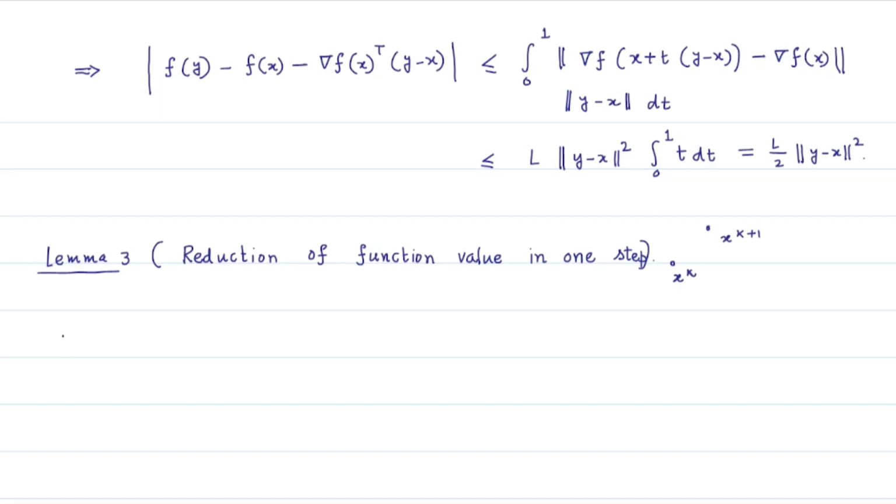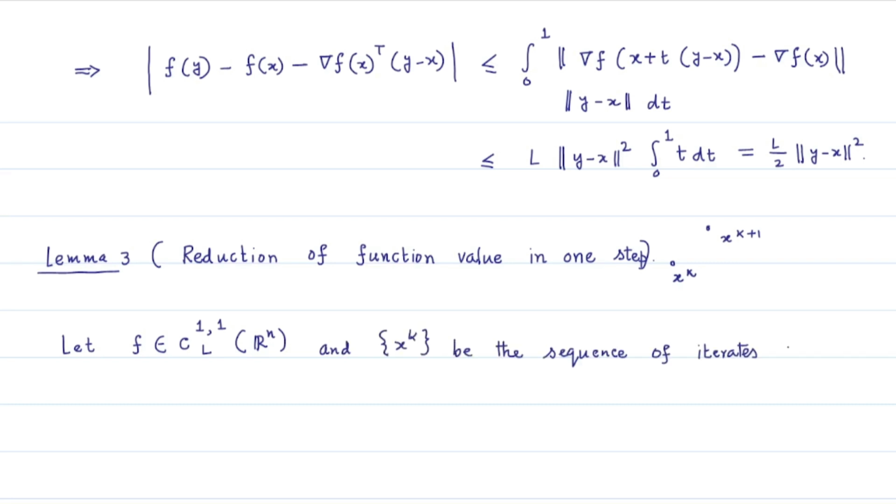The result states that, let us suppose we are given an objective function that is a C^{1,1}_L function in the n-dimensional Euclidean space, and suppose x_k is the sequence of iterates generated by the steepest descent method.